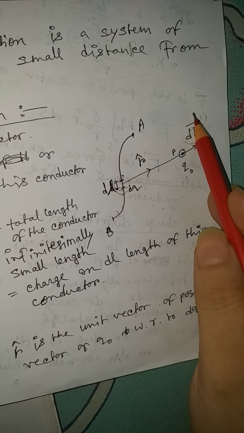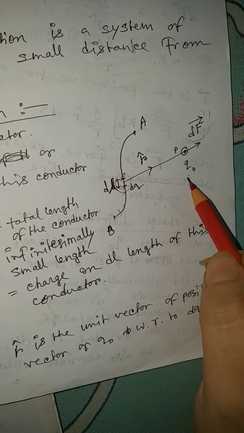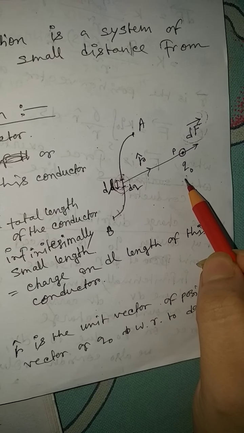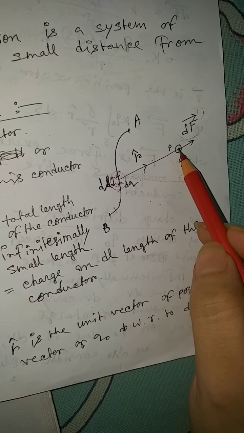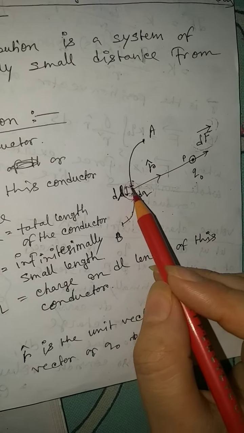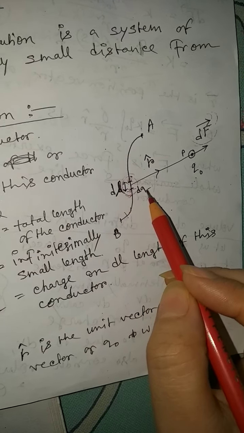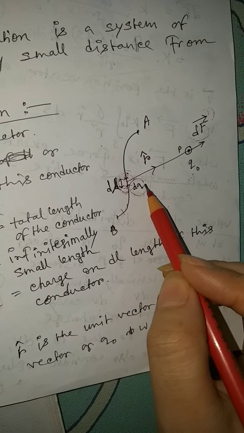Clear? So dF vector indicates force on q naught charge which is placed at point P due to dl length, or due to dq amount of charge.